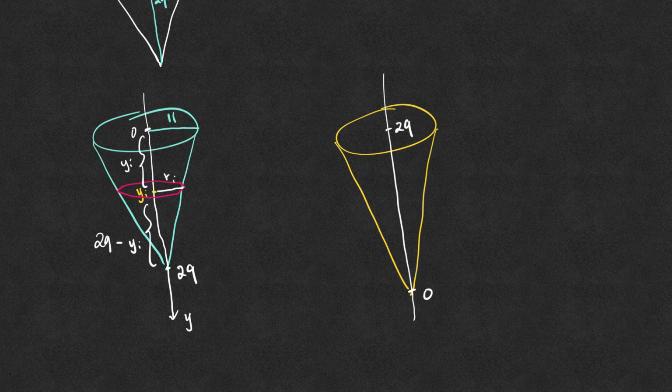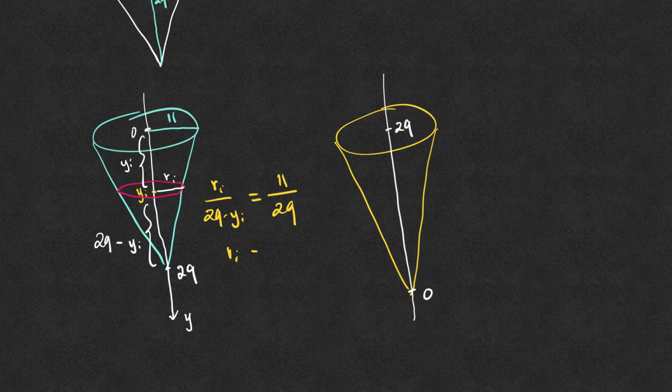There are two similar triangles here, the smaller triangle and the larger triangle, with the ratio r sub i over 29 minus y sub i equals 11 over 29. Again, side over side equals side over side of the corresponding similar triangle.